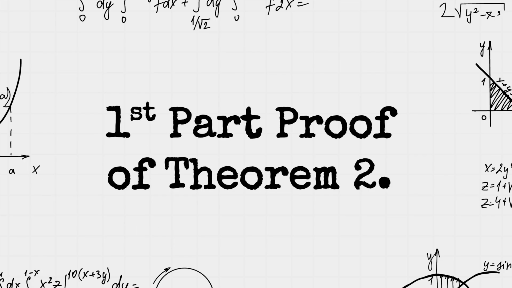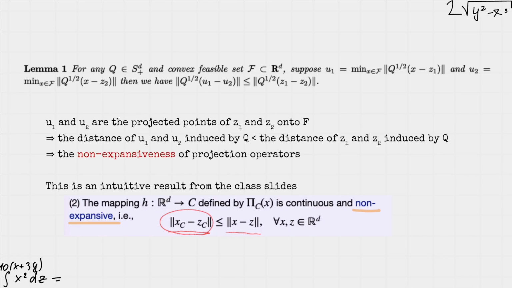Let us prove theorem 2 for the first part. Lemma 1: given a positive definite matrix Q and a convex feasible set, let U1 and U2 be the projected points of two arbitrary points Z1 and Z2 onto the feasible set. We have the property that the distance between U1 and U2 induced by Q squared is no greater than the induced distance of Q squared between Z1 and Z2.